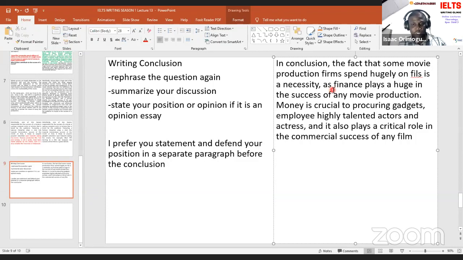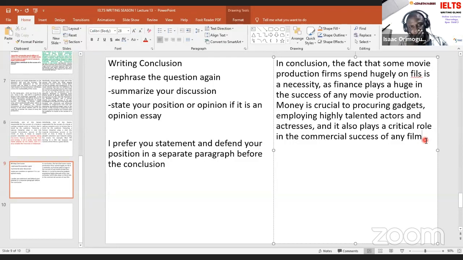Money is crucial to procuring gadgets, employing, I missed this part, I said employee, highly talented actors and actresses, sorry, and it also plays a crucial role, a critical role in the commercial success of any film. Okay, so that was the first issue I discussed. I have summarized what I discussed.